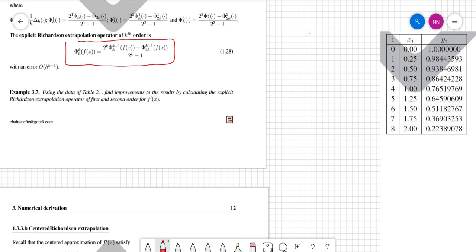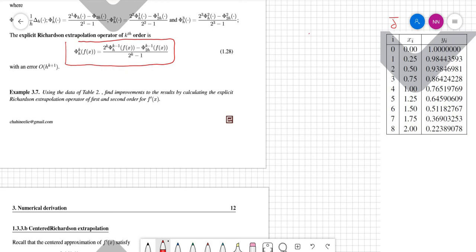This is the function f that we wanted to use in many examples. If we take this function and want to calculate the approximations of the derivative at the point 0 using the Richardson extrapolation operator, I will show you how to proceed.